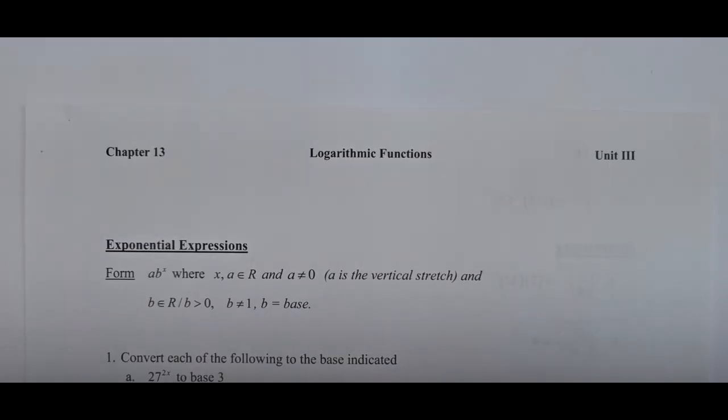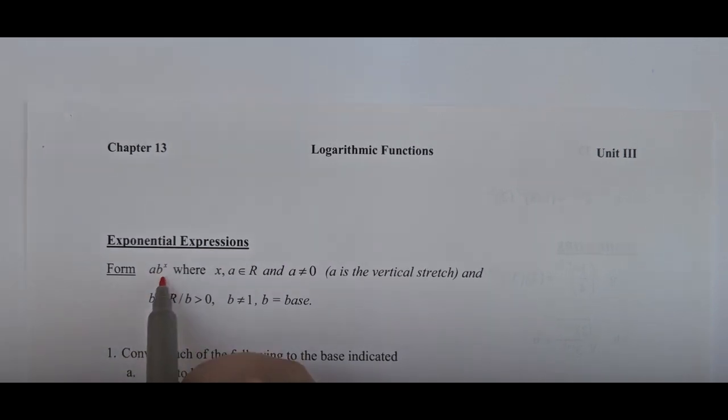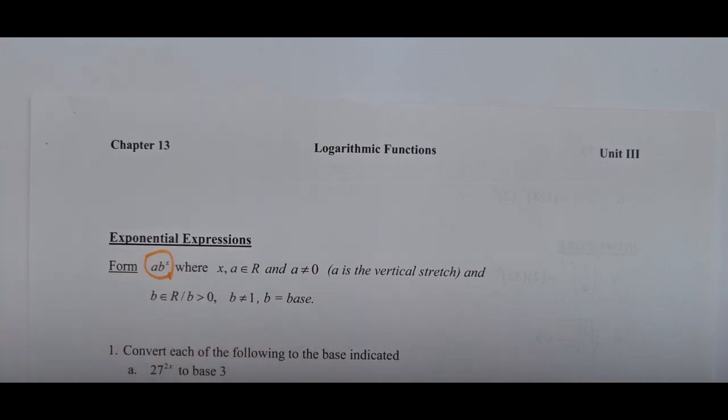Okay, now let's continue with the exponential expression. This is the general form, a b to the power x, where x and a are real numbers, and a is never 0, because if a is 0, then the whole thing would be equal to 0.